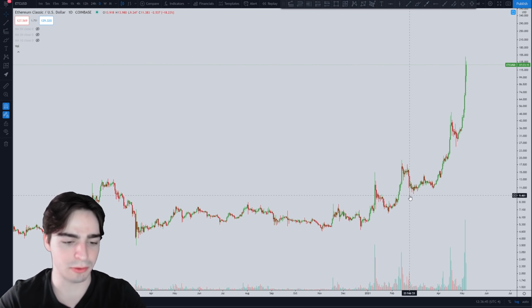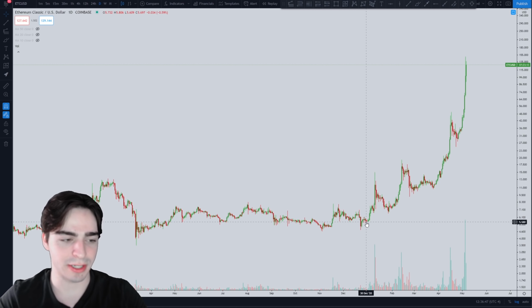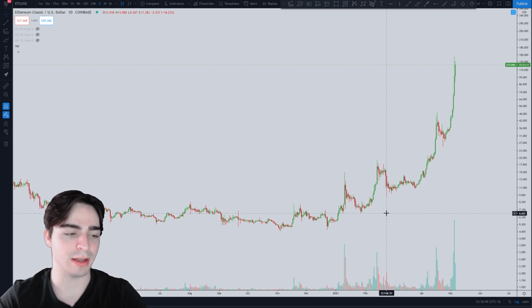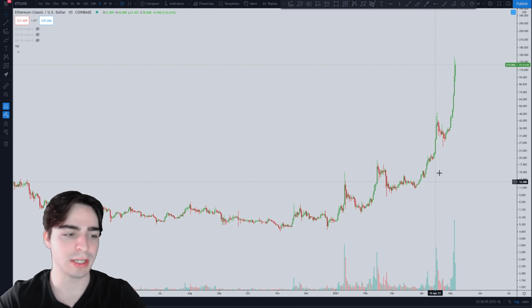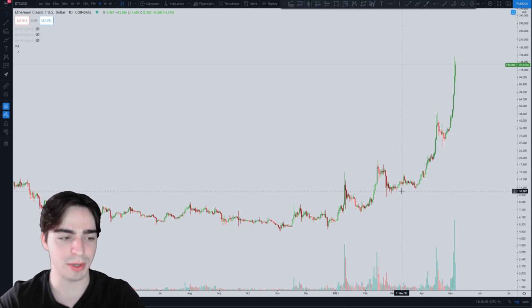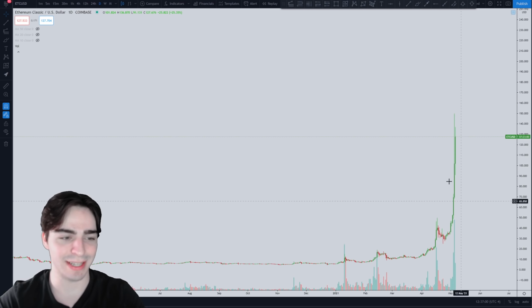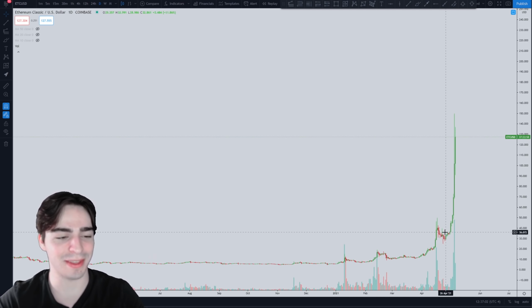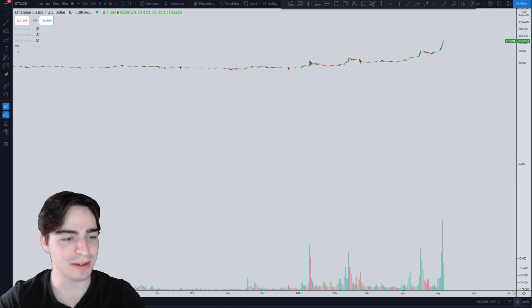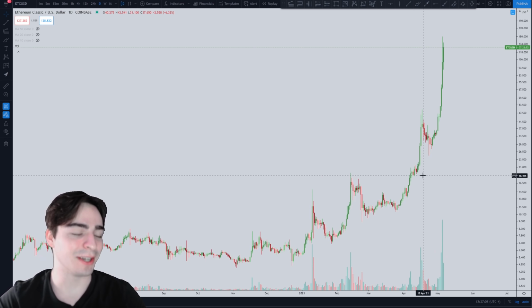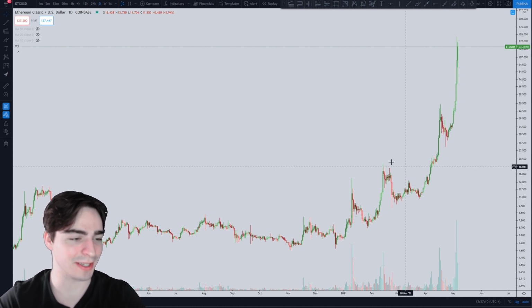And if you don't know, the logarithmic scale basically calculates how much the price has moved on a percentage basis rather than on a price basis. So that's why all these moves look much less crazy than here, because on here the price is moving quite a bit, but on here the percentages never really change. Okay, so that's the log scale. Just a quick lesson there.